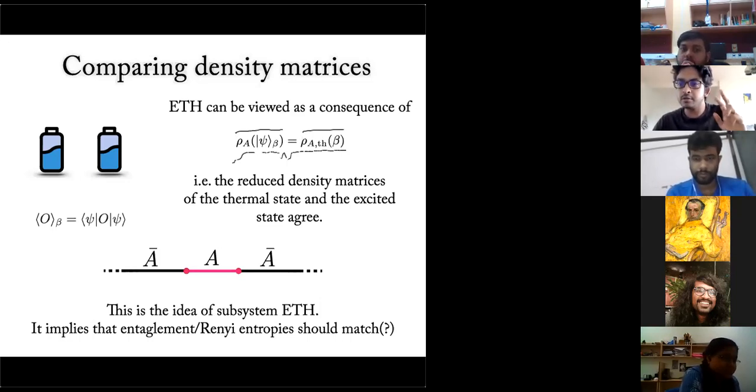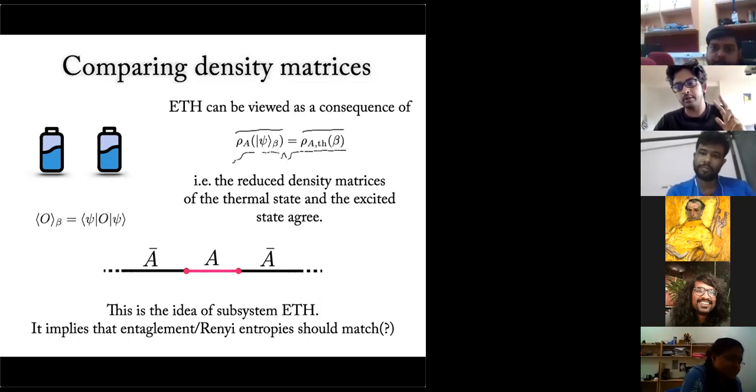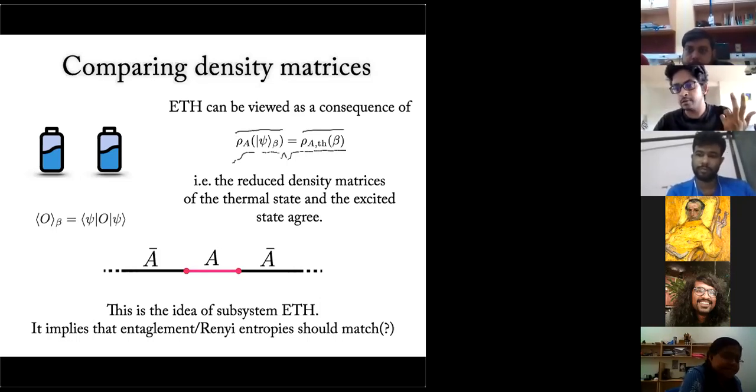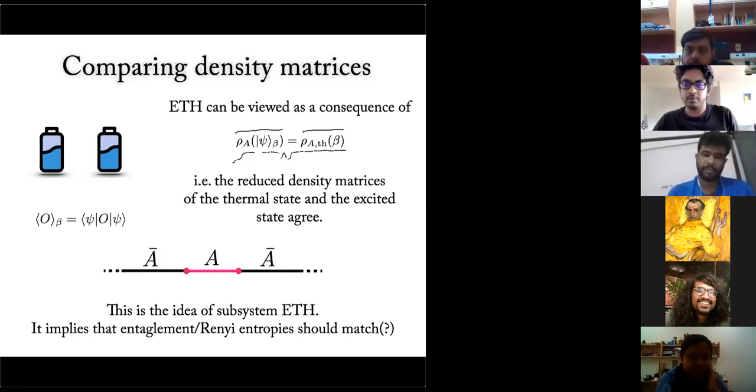There are some quantum information measures by which you can do this comparison, for example the relative entropy or the trace square distance. These measures compare two reduced density matrices, and the distance is 0 if the two reduced density matrices are the same.